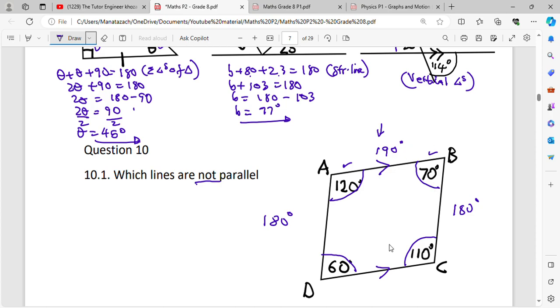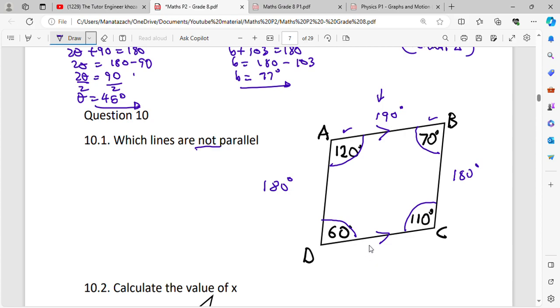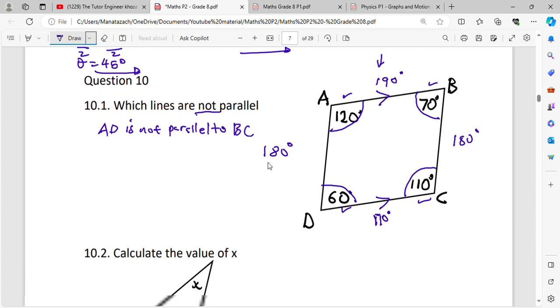You can do the same with this direction here, where you have 60 and 110, they'll give you 170. So 170 is not 180, so it means in this direction AD is not parallel to BC. So that's it for 10.1.